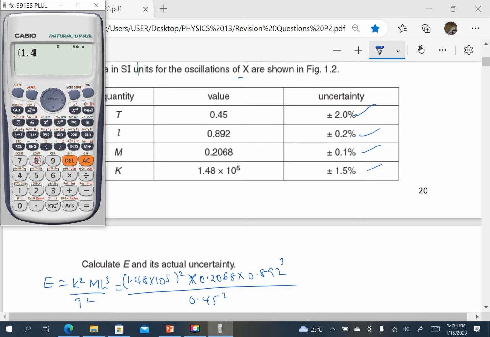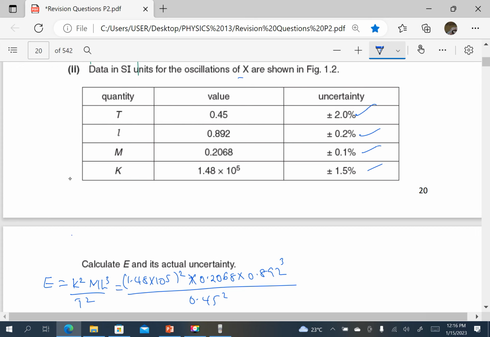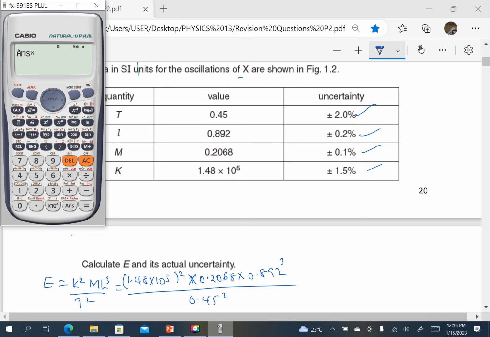That is 1.48 exponent 5, and it is squared, times 0.2068 times 0.892 squared, oh, it was cubed, so I will say times 0.892 because it was cubed.